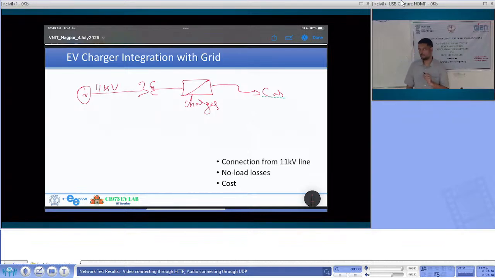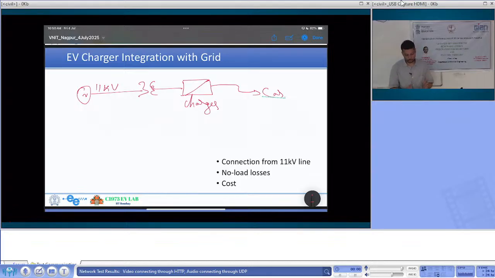So if you want to install a fast charging station, typically utilities will give you an incomer of 11 kV or higher depending on your power requirement, but not below 11 kV, right?